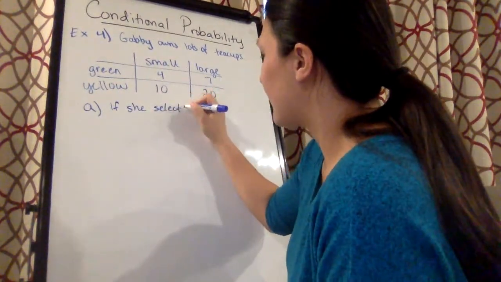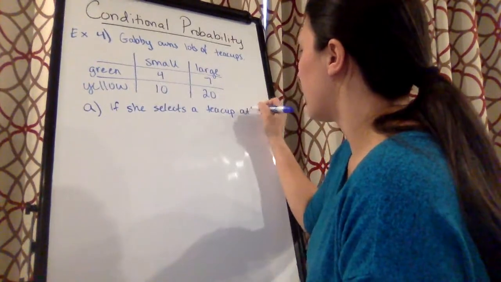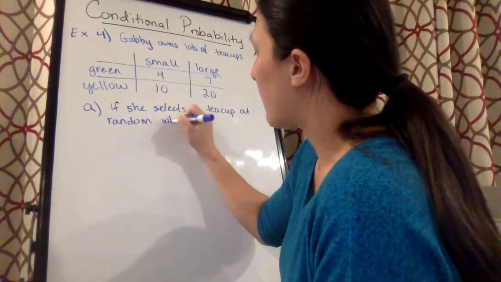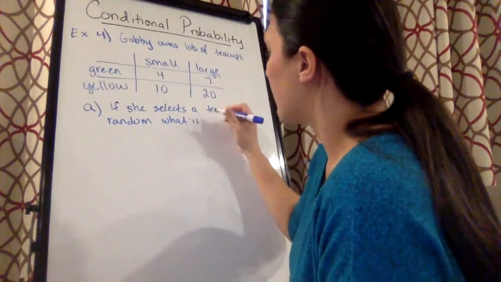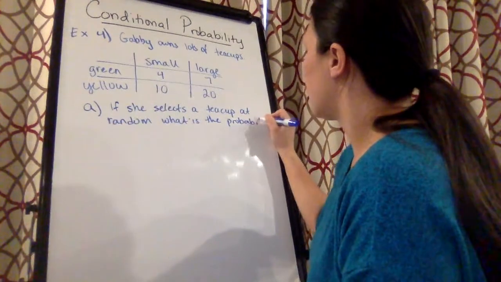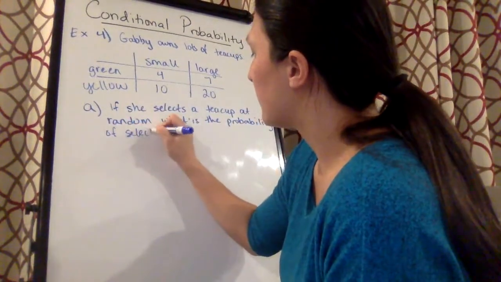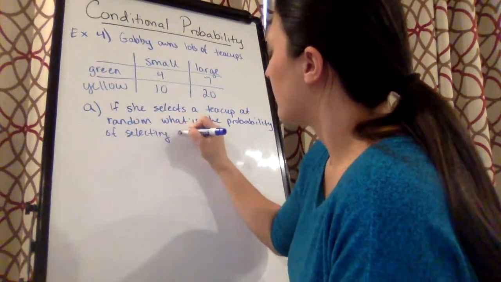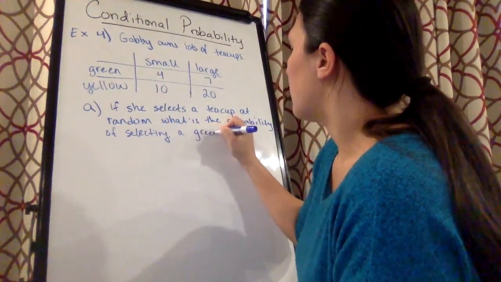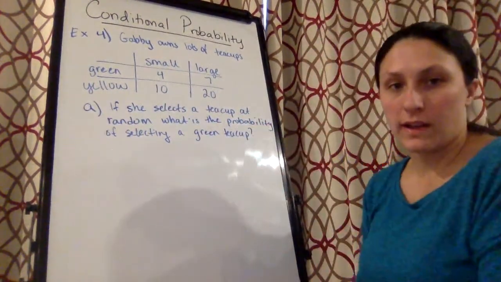If she selects a teacup at random, what is the probability of selecting a green teacup? Let's do that. So that'll be part A.